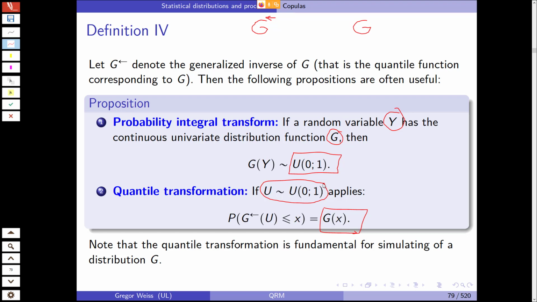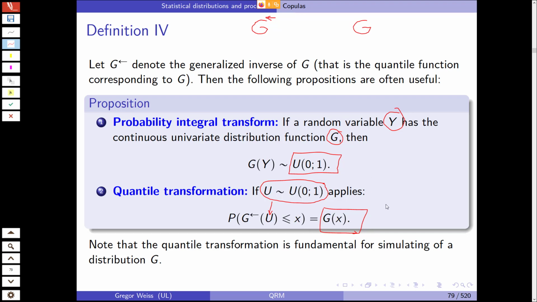It's actually what your calculator does. And you insert these random numbers, u, into the generalized inverse function, and what you get is distributed according to G itself.